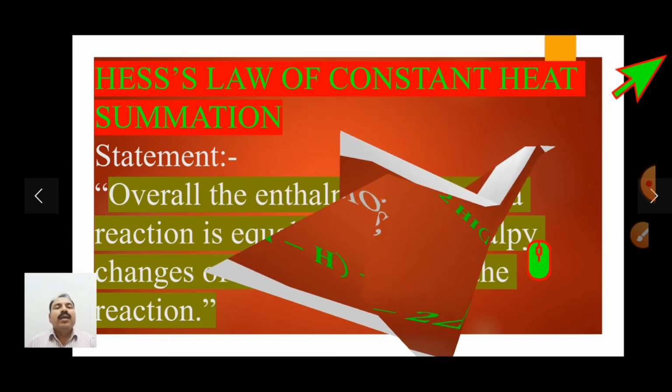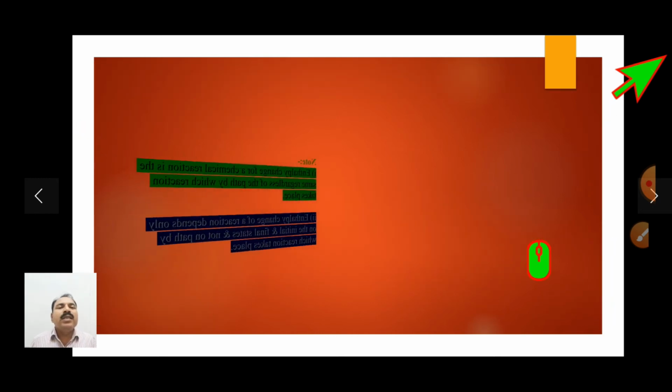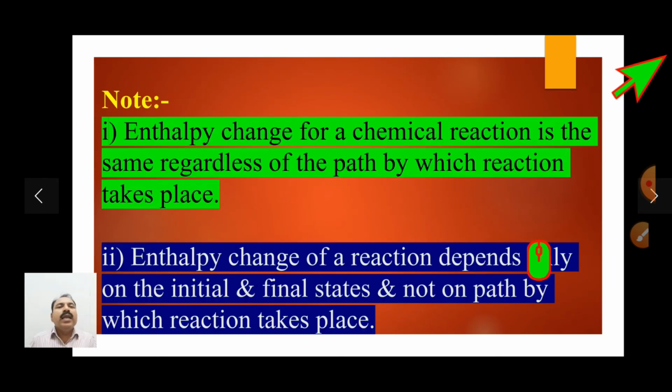Now, Hess's law of constant heat summation. The statement: the overall enthalpy change for a reaction is equal to the sum of the enthalpy changes of the individual steps in the reaction. Now we can see two notes about Hess's law. First note: the enthalpy change for a chemical reaction is the same regardless of the path by which the reaction takes place.